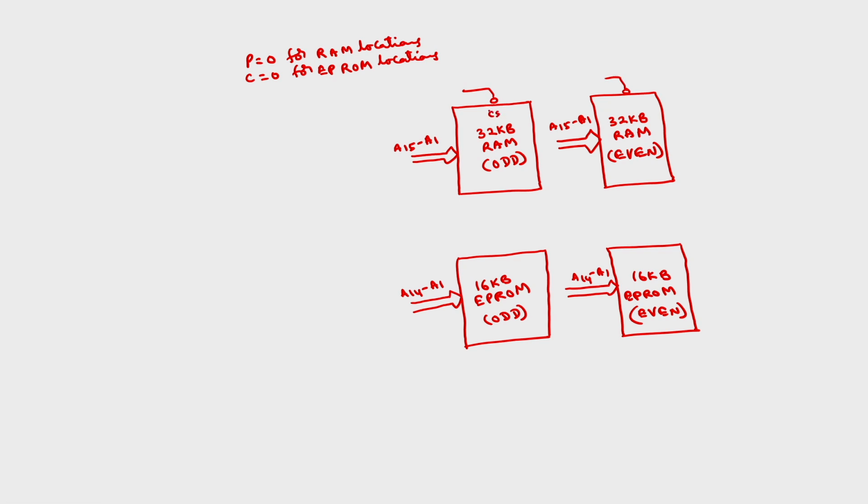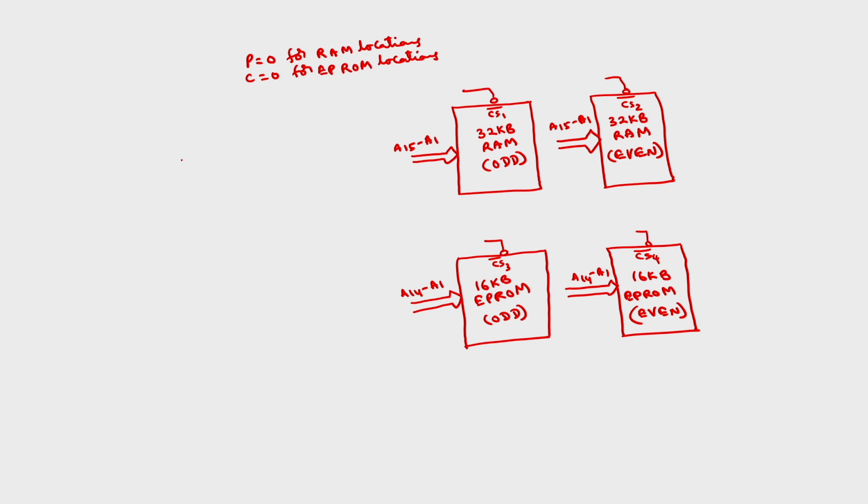Chip select 1 bar, chip select 2 bar, chip select 3 bar, chip select 4 bar. So now to select these, how to select chip select 1 bar? For chip select 1 bar, it should be the odd bank of RAM.